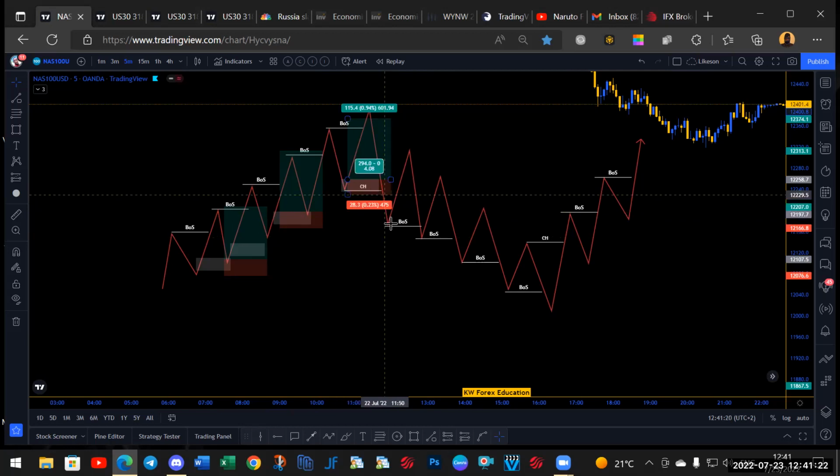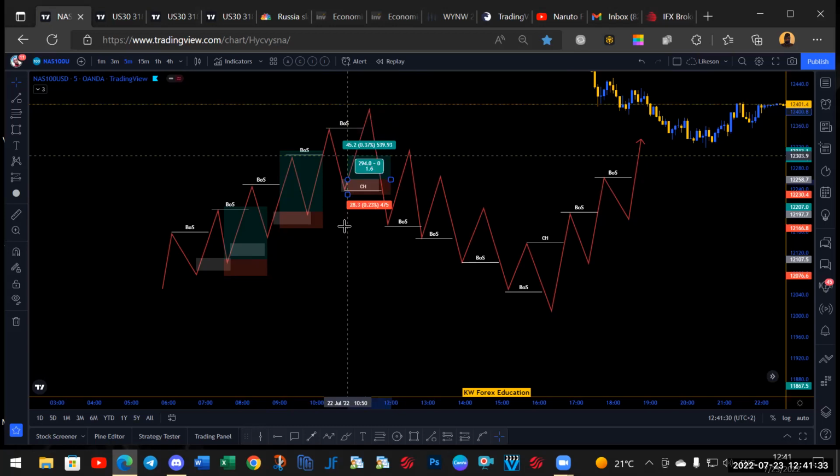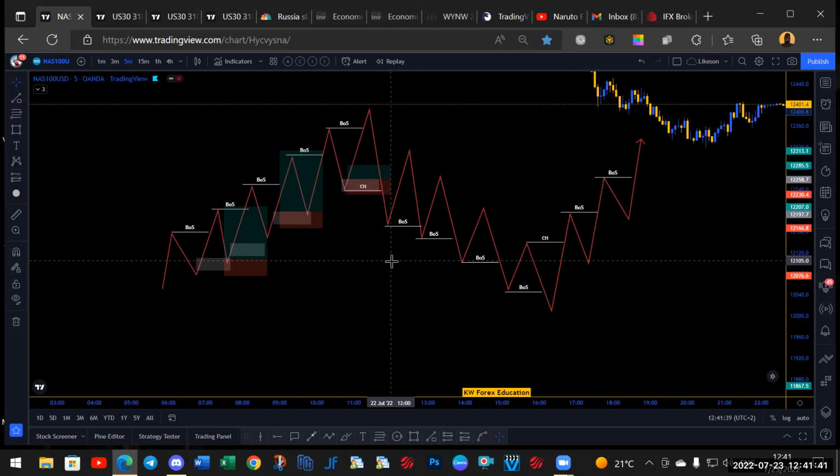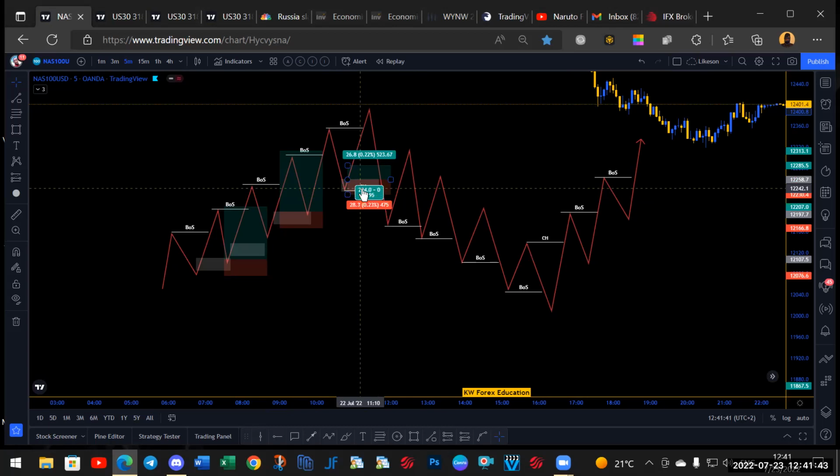After you lose this, it also breaks this low here, and then it creates a change of character. So right here, the market has been flipped. Now you know that we have a flip here. This demand didn't hold.